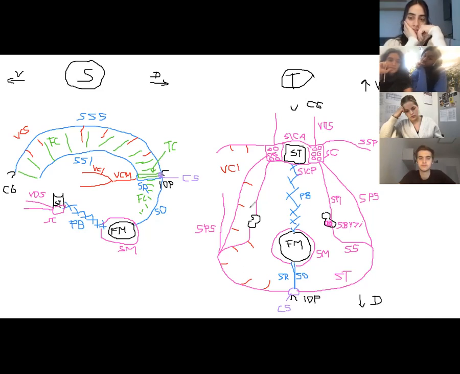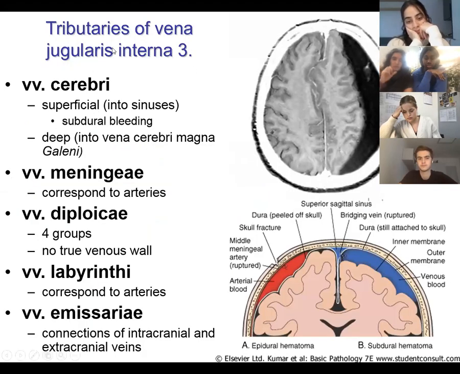Now you may remember that we have two groups of these superficial veins, inferior and superior. Superior drains into the superior sagittal sinus, inferior drains basally, into the transverse, sigmoid, superior petrosal, sphenoparietal sinuses. So these are the superficial cerebral veins. They are very important in clinics.